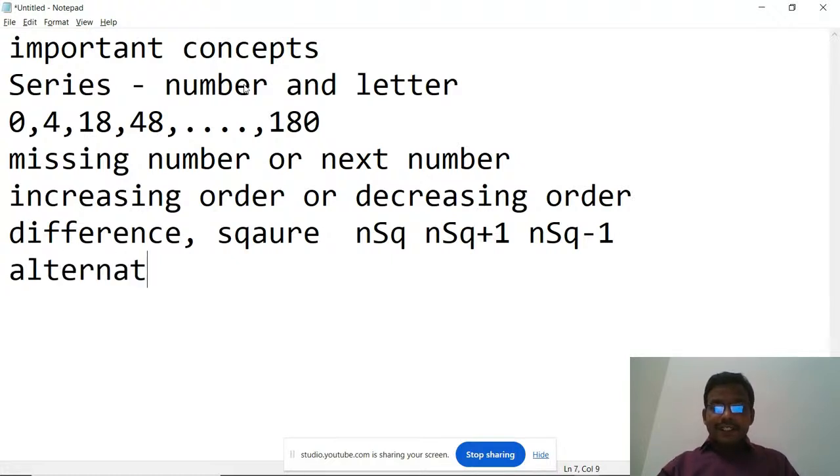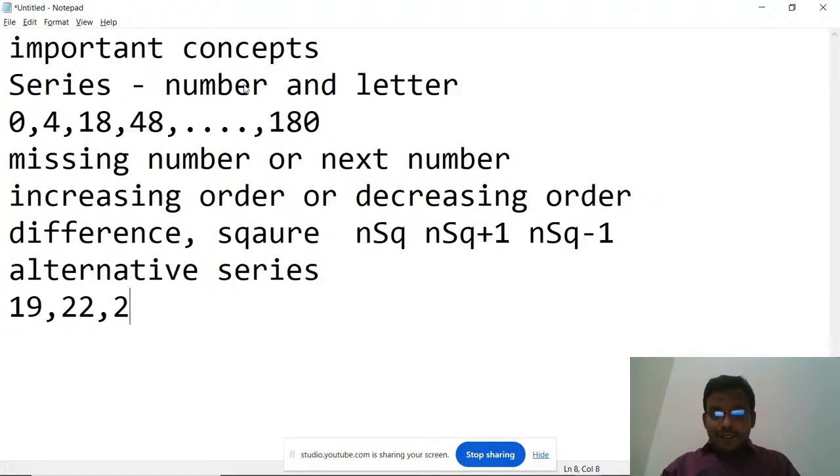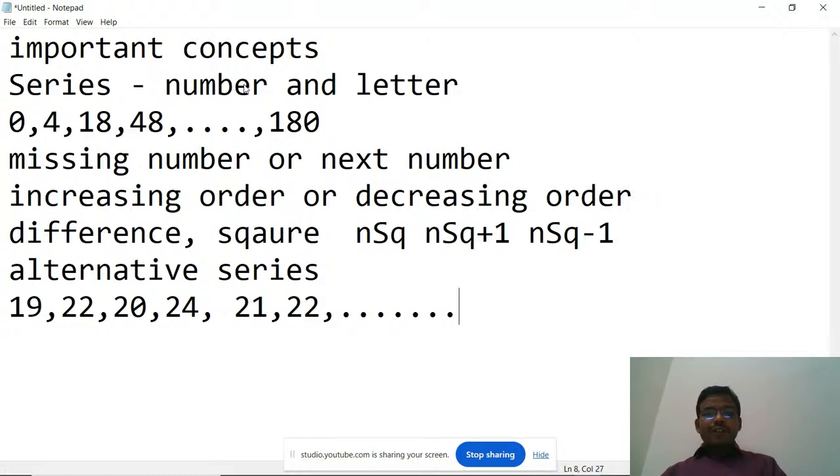Sometimes the series is in increasing and decreasing order. For example, 19, 22, 20, 24, 21, 22, dash. If they give this type of sequence, 19 to 22 is increasing, again 22 to 20 is decreasing, 20 to 24 is increasing, 24 to 21 is decreasing.